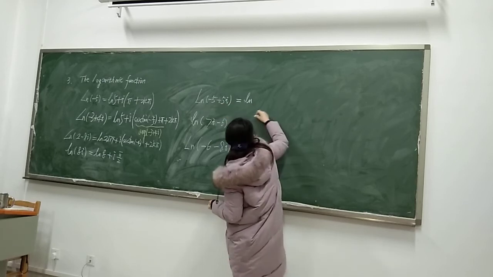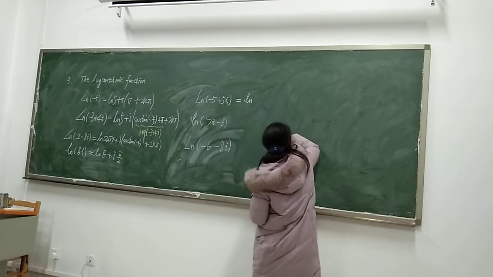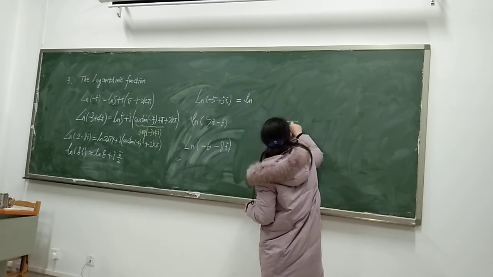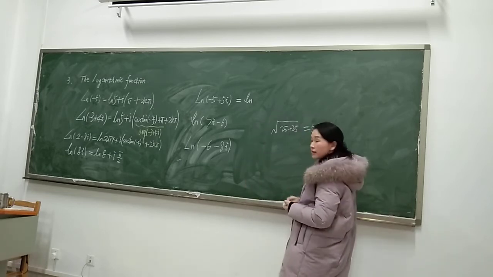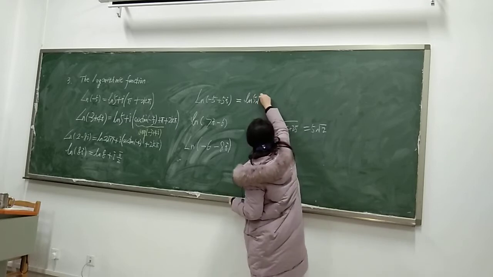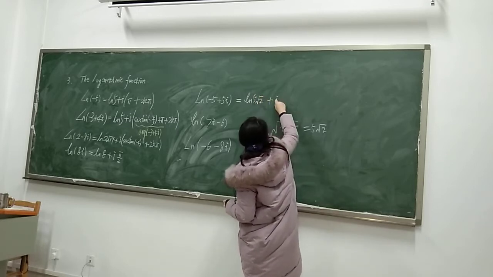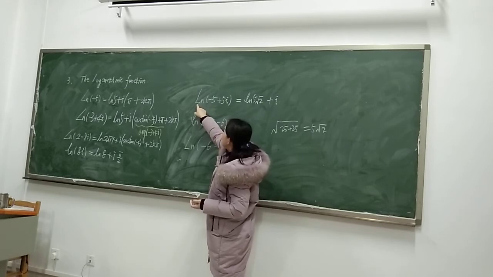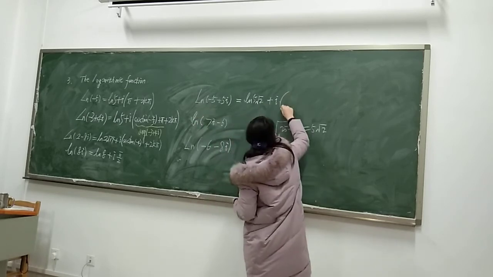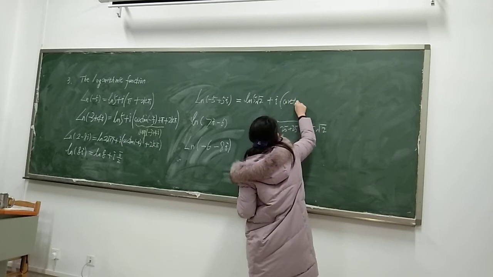So the modulus is this. Plus i, because this is big L, so you need to write arctangent.